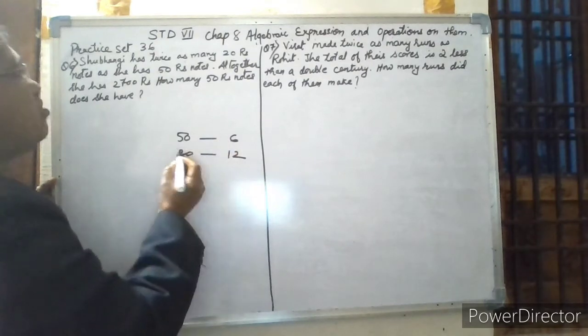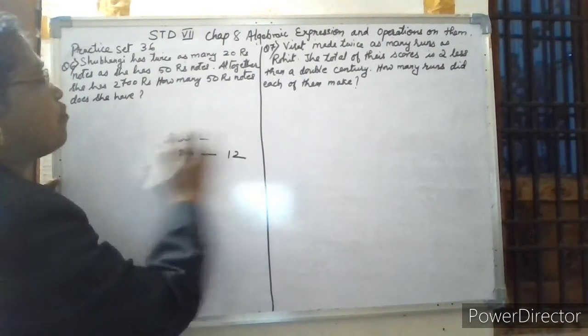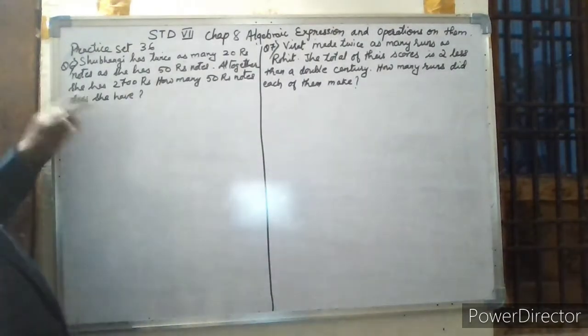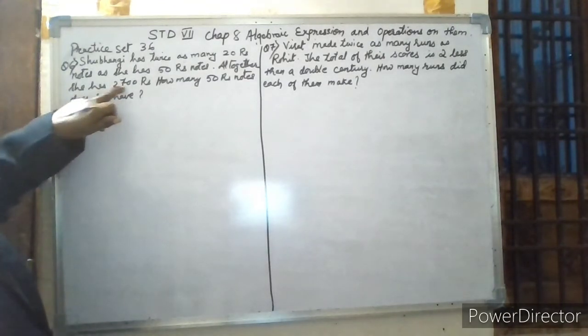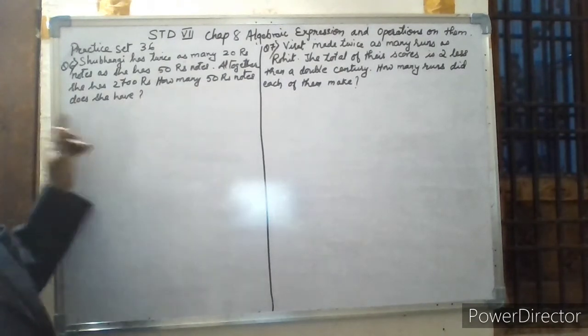Altogether the amount she has is 2700 rupees. So how many 50 rupees notes she has? We have to find this out.